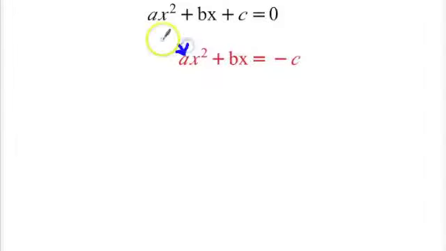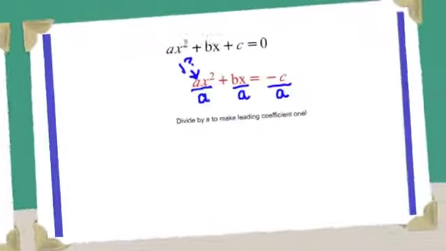Now to get a 1 for the coefficient of x squared, we'll divide the entire equation by a. So we'll divide on the left, we'll divide that first term and the second term by a, and then the term on the right we'll divide by a.